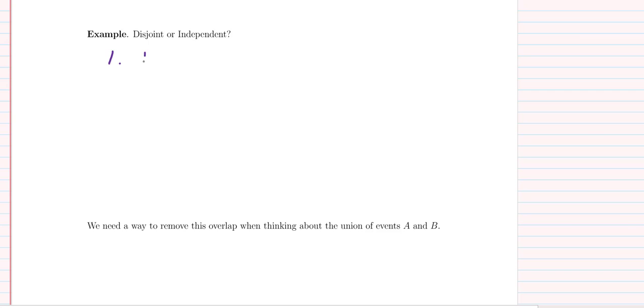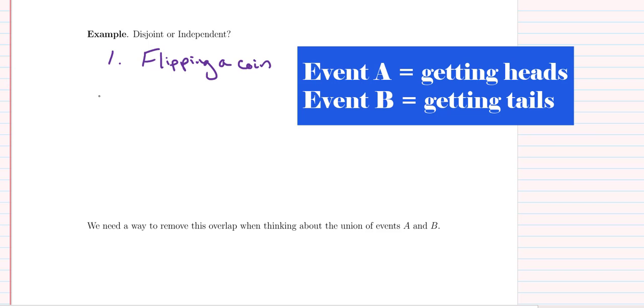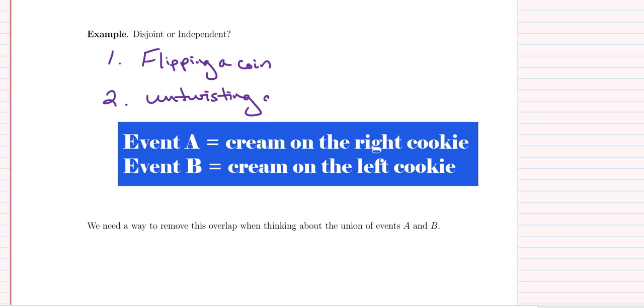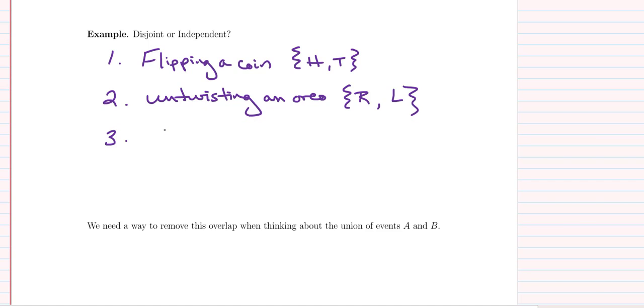Disjoint or independent, the outcomes from flipping a coin. 2. The possible outcomes with respect to cream from untwisting an Oreo. Disjoint or independent.